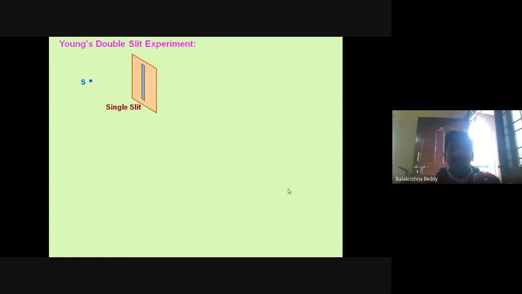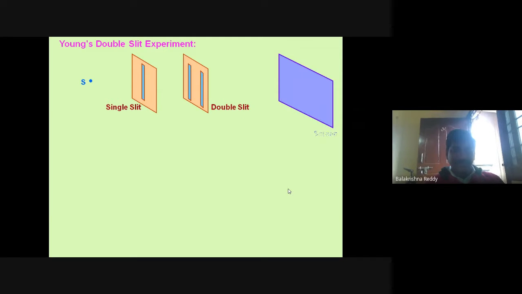This is a source, one source of light. Interference I can do by division of amplitude, or you can see it by division of wavefronts. This is a source. I'm allowing it to pass through a single slit, and then I'm allowing the same source of light to pass through the two slits.